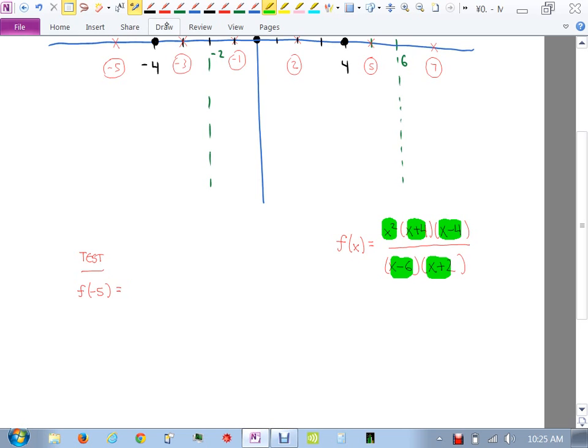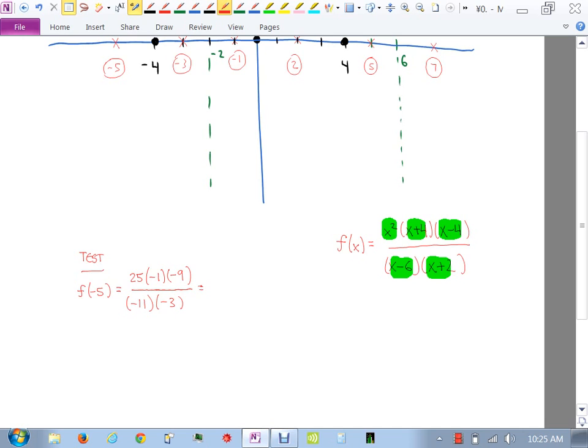So -5 squared would be 25, times -5 plus 4, which is -1, and -5 minus 4, which is -9, all over -5 minus 6, which is -11, and -5 plus 2, which is -3.